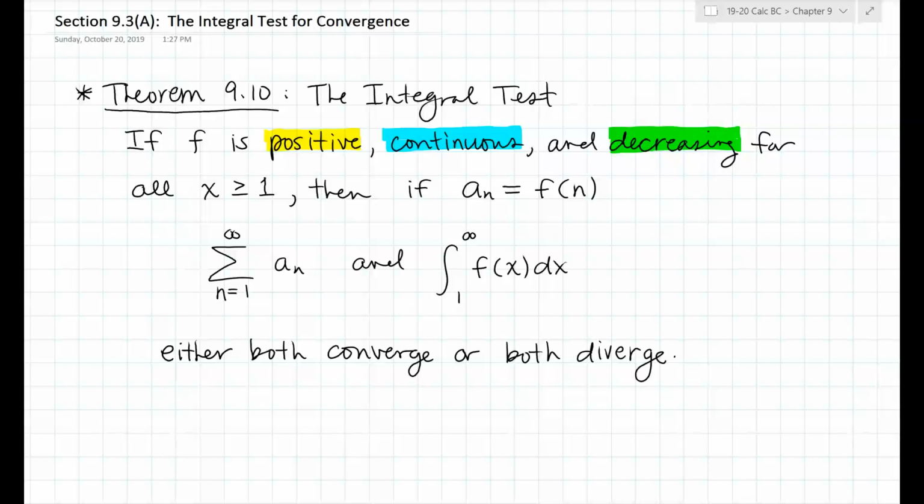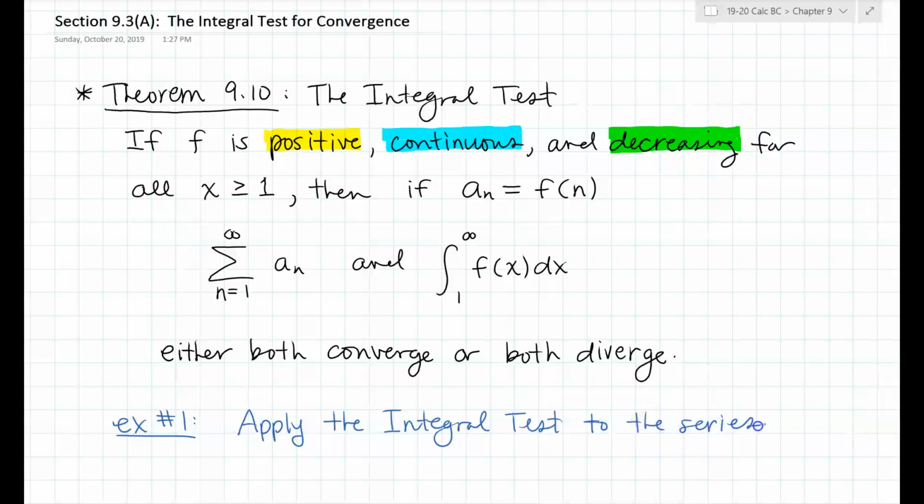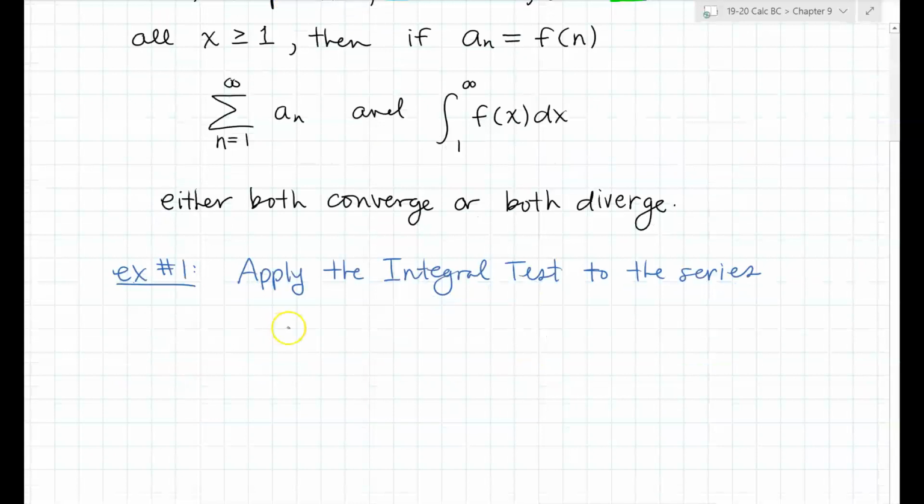Okay, so let's see. Example number 1. They're going to want us to apply the integral test to the series, and the series is the sum as n goes from 1 to infinity of n over n squared plus 1.